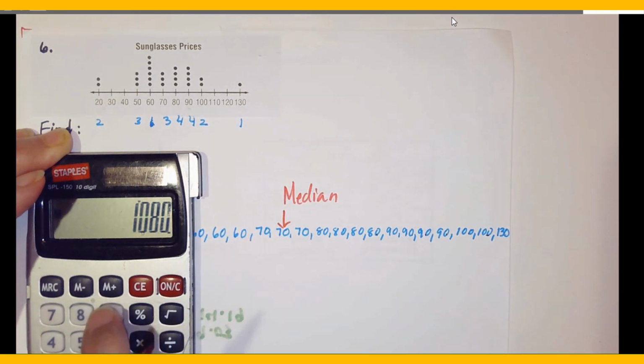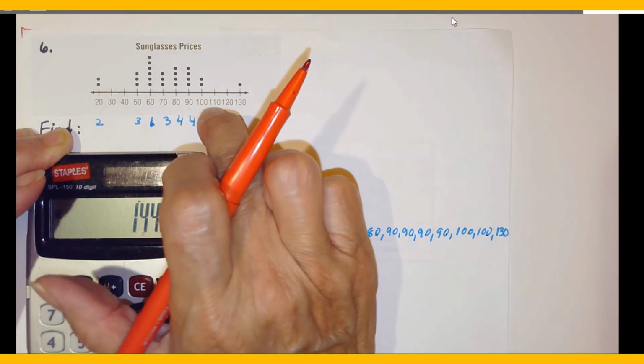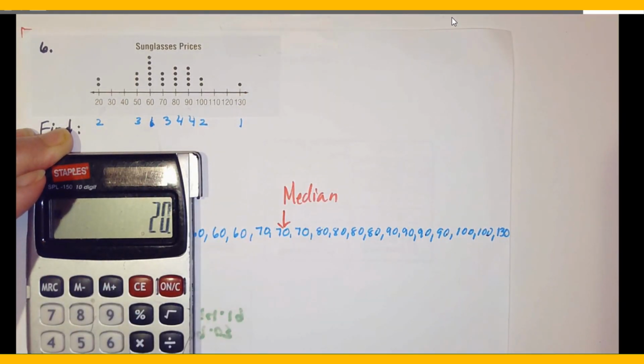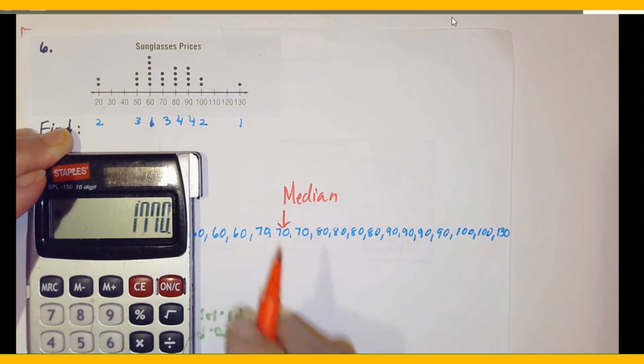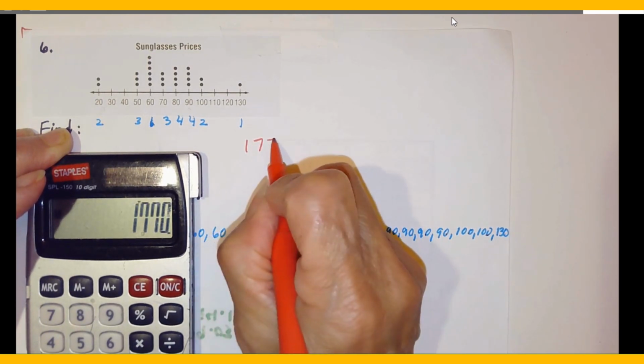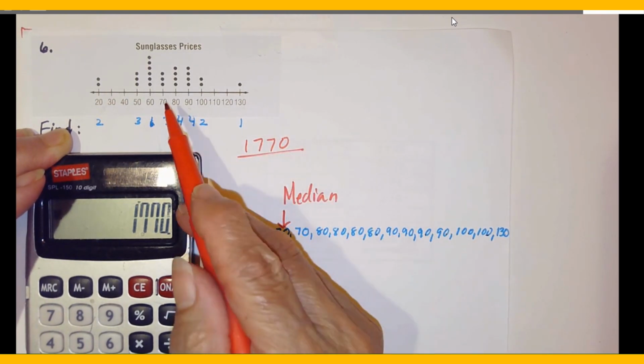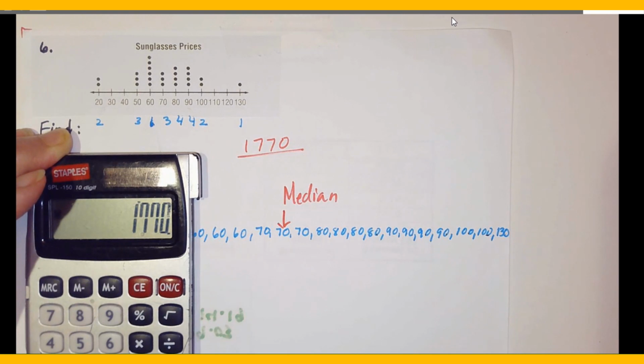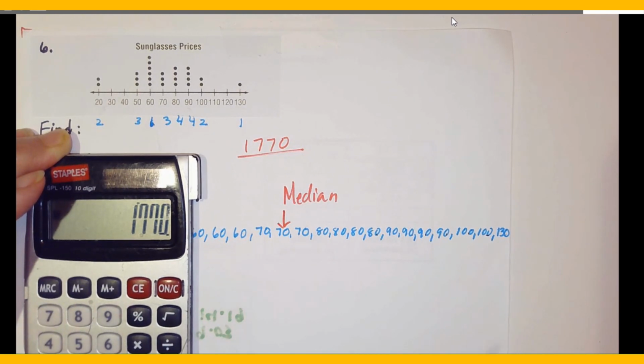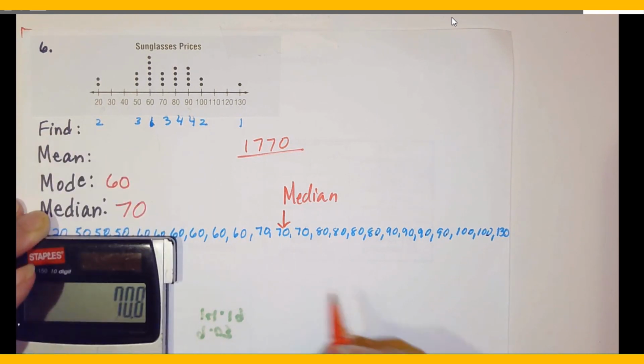Four 90s. 1, 2, 3, 4. Two 100s, that's 200. And then 130 equals 1770. And how many pieces of data do we have? Well, remember, we have 25. 1770 divided by 25 equals 70.80.